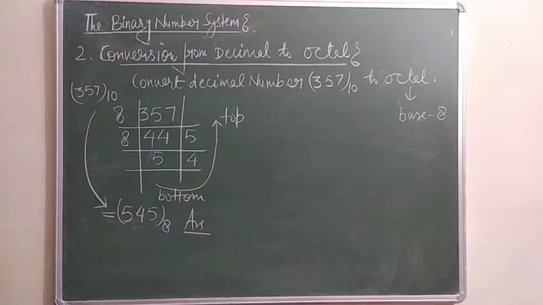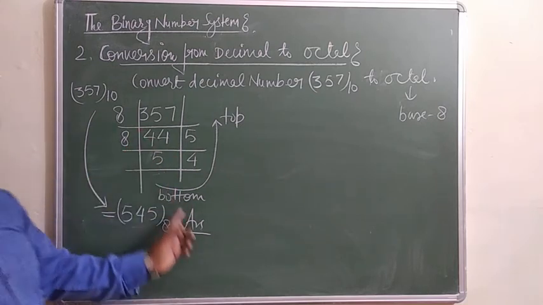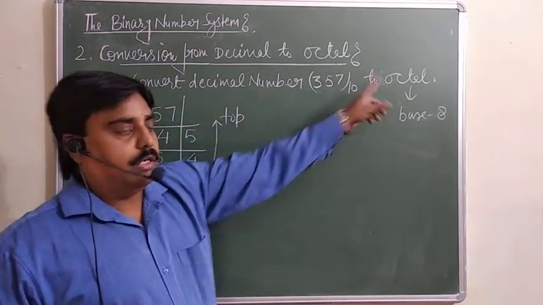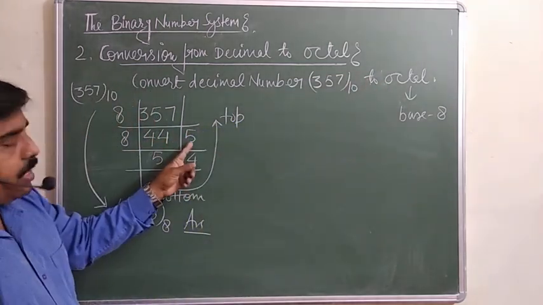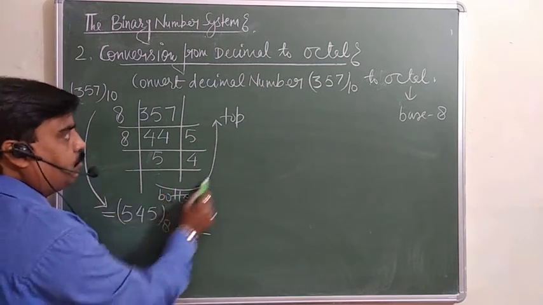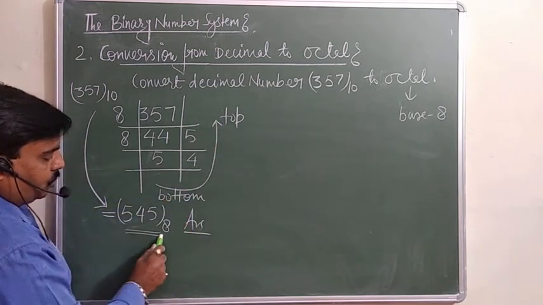Have a look. Okay, just once again, you can see you have to divide by 8 to change into the octal. Then divide by 8 and the remainder you must write down here only. Then divide by 8, then remainder you must write down here. Then bottom to top you must write down. So this is your octal form.